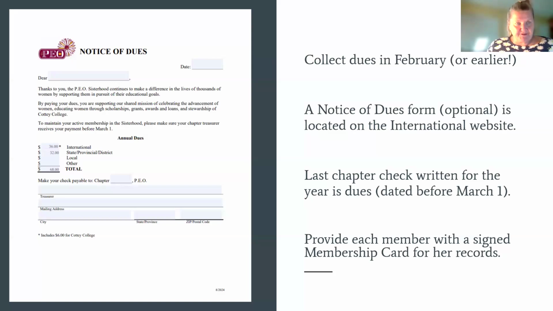The helpful part about this is that it will tell you how much of your money will go to international, which is 36, and how much will go to the state, which next year is going to be 32. You gave 26 this year, but next year, hopefully for a while, it will be 32, making at least $68 of your dues being dispensed out.